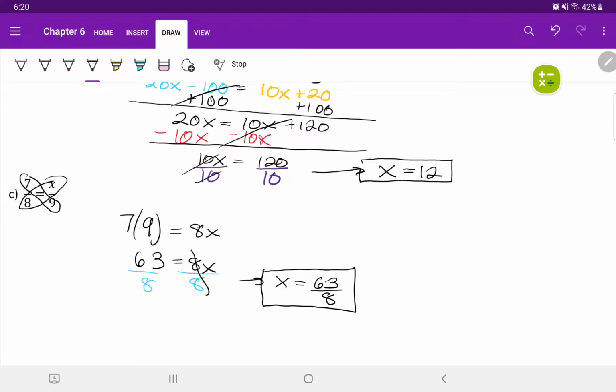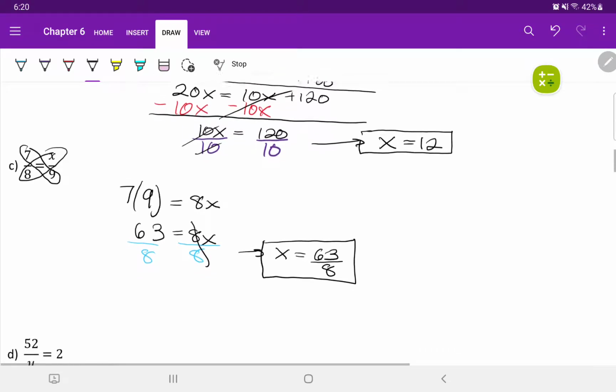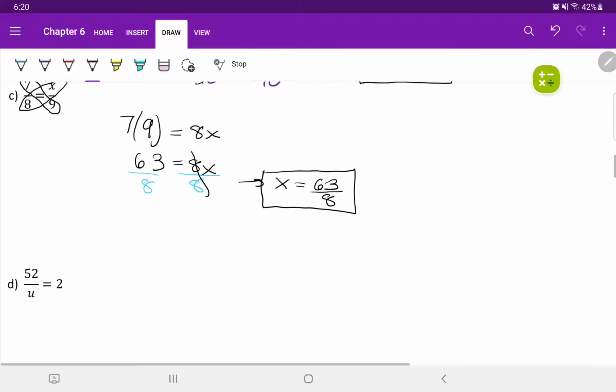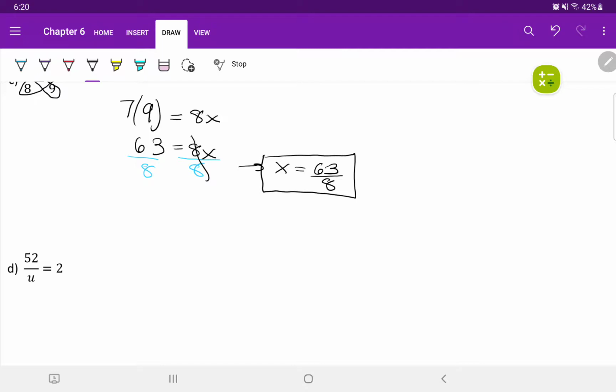And now we're going to take care of 3D. 52 divided by u equals 2. First thing is first, we want to make this a fraction, and we're going to put a 1 under it. Every whole number, once again, has an invisible 1 being divided by it.